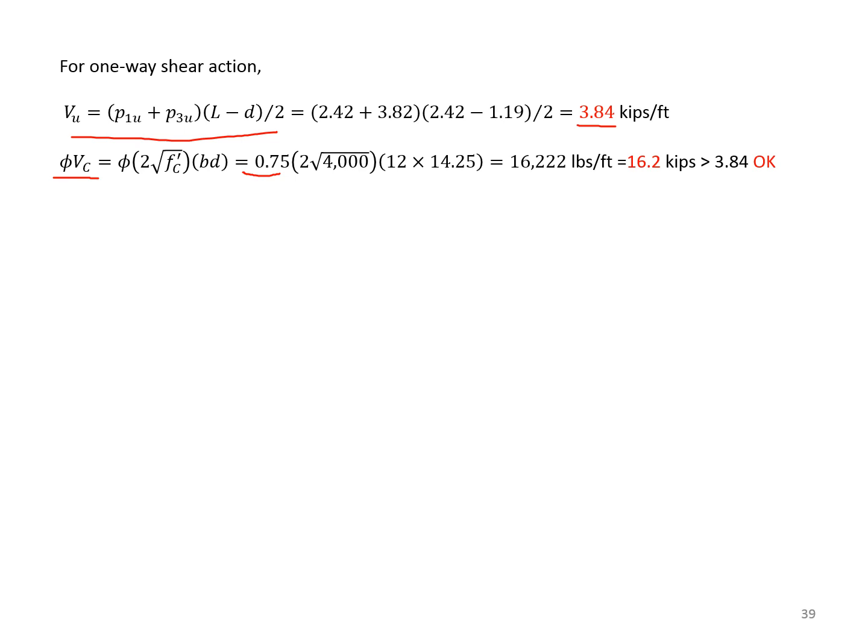In one of my presentation slides, and I had concrete design, one of the viewers asked a question and said, I don't see the units working out in equations like that. Now, if you're familiar with ACI, ACI's official units are inch and pounds, so it doesn't matter. There's always a square root of f prime sub c that appears. You put psi in here, you get pounds out. So the value, you have pounds, because the calculations are done per foot, it is per foot, or it is 16.2 kips.